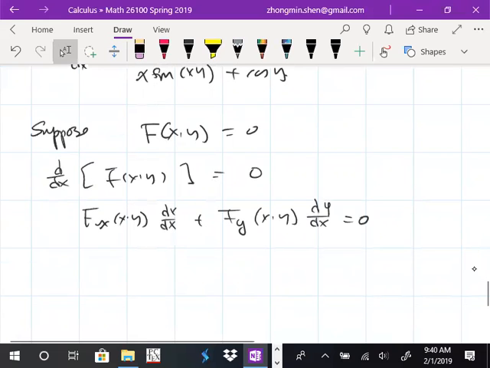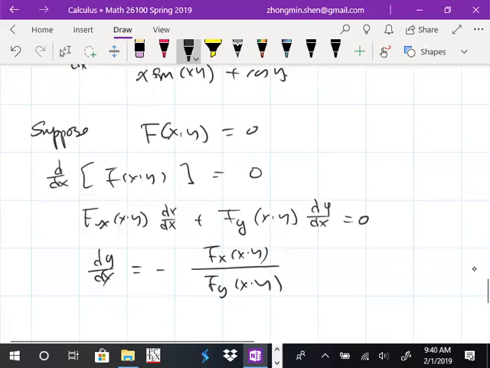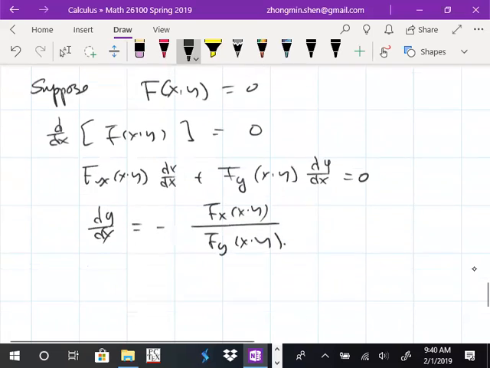So dx over dx is just 1, so dy over dx can be written in the form like that.